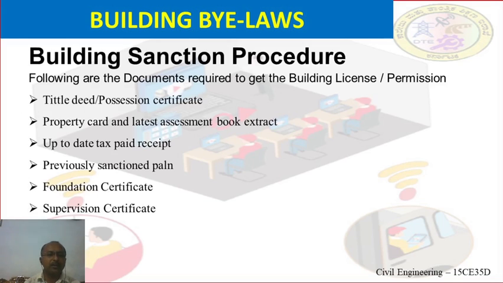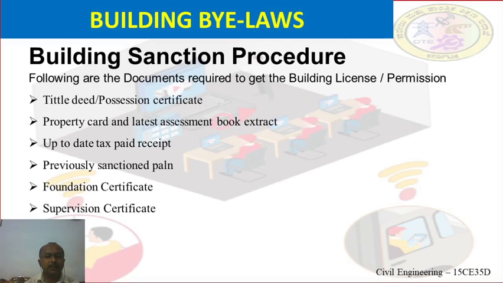Here, the previously sanctioned plan means if you want to develop or modify an already existing building, that means we are going to construct another floor on an existing building. If you want to alter an existing property or increase the number of floors, you have to produce the previously sanctioned plans.